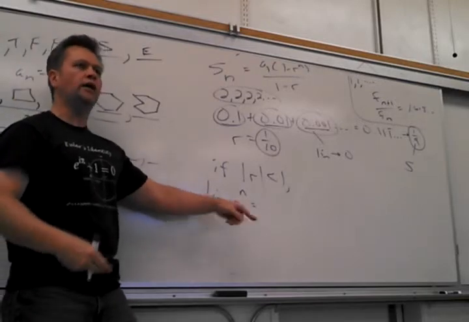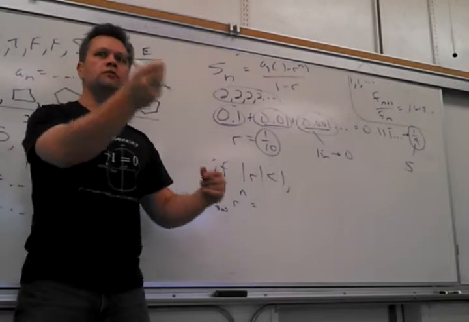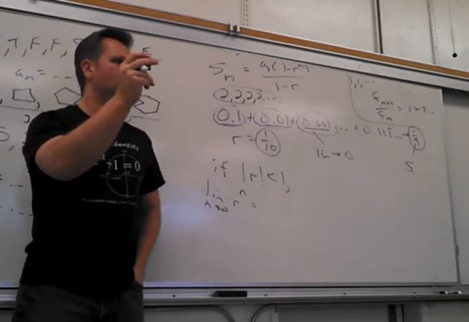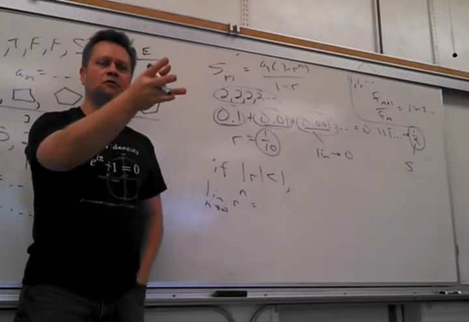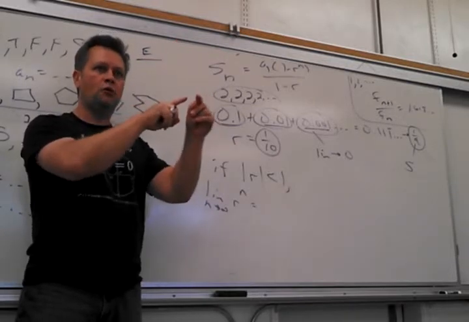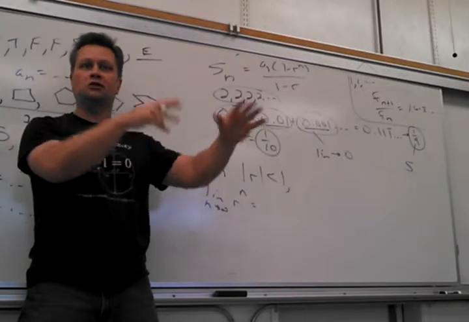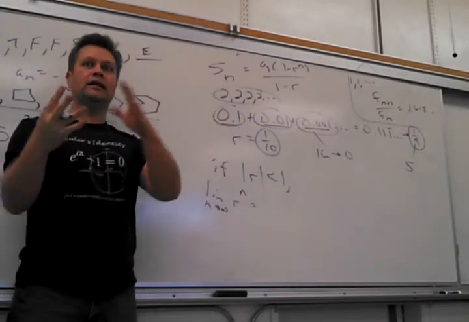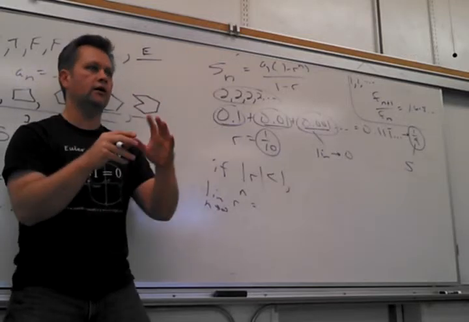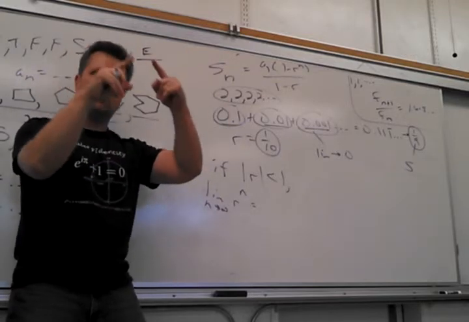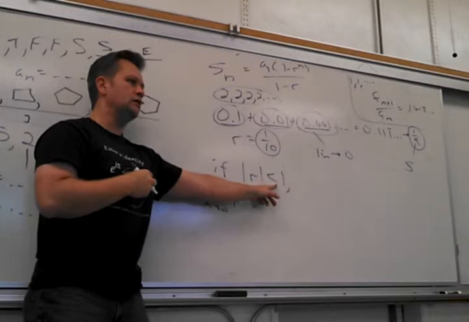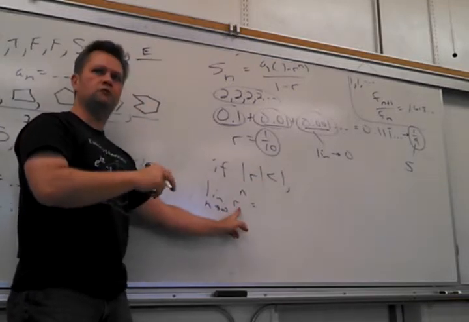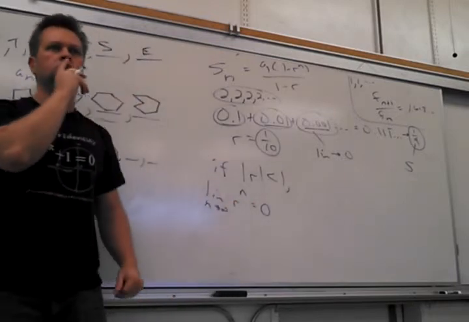If r is less than 1, and I keep multiplying, what's 0.9 times 0.9? 0.81. Times 0.9 is 0.729. See how it keeps getting smaller and smaller? When you multiply a number that's less than 1 by itself, it gets smaller. So the limit of this will be 0.